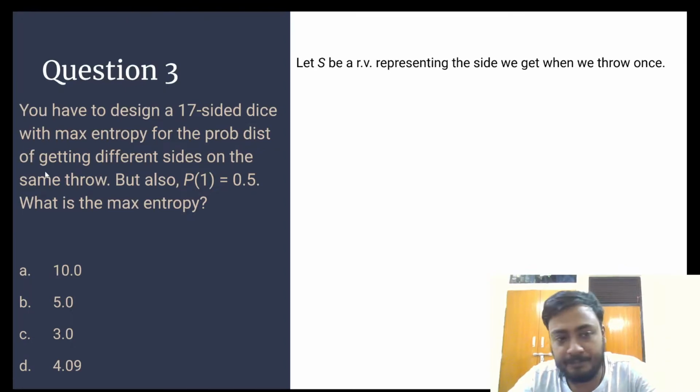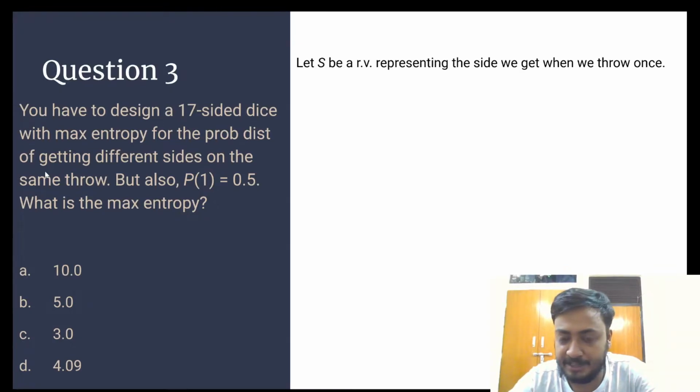But here they have asked you to design an imaginary dice such that the probability distribution yields the maximum entropy. There is also a constraint: you have 17 sides, and the probability of getting the side with 1 is 0.5. This is a constraint which has been given to you. Now you have to design the probability distribution for the entire thing, and then find the maximum entropy.